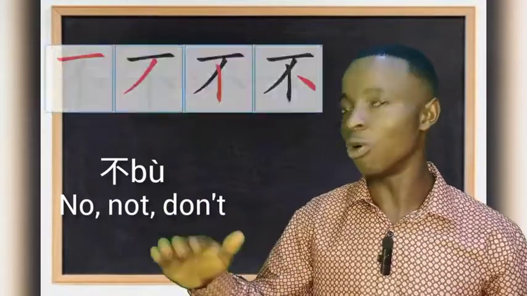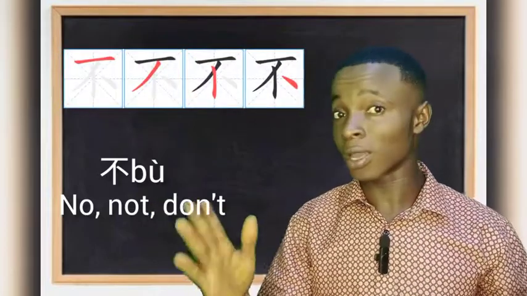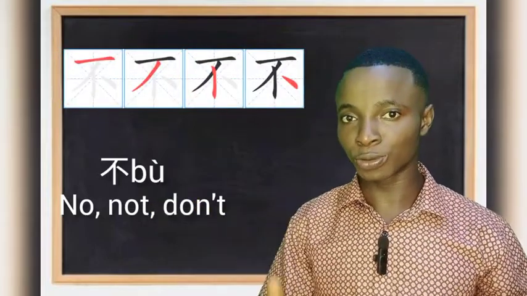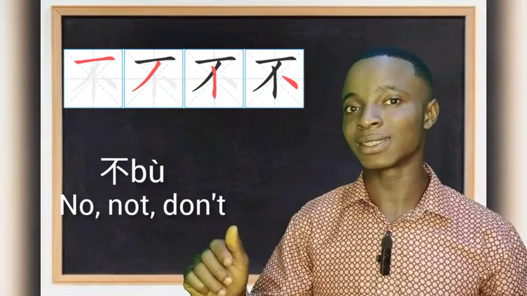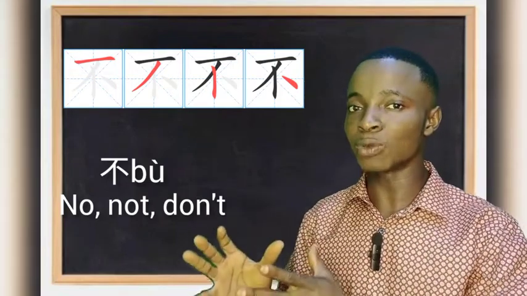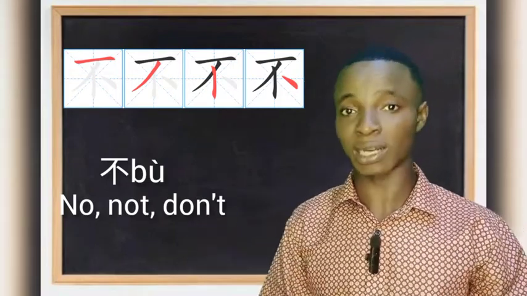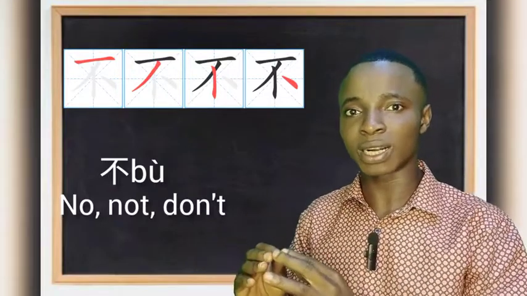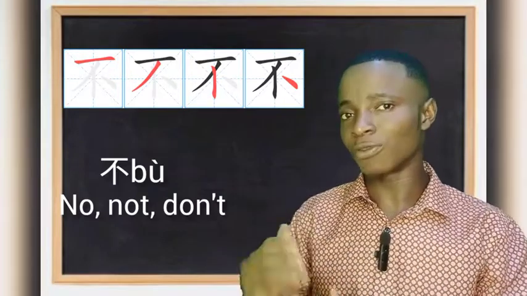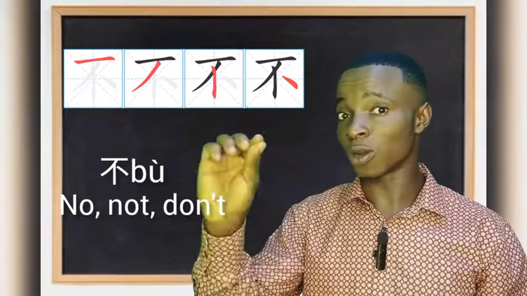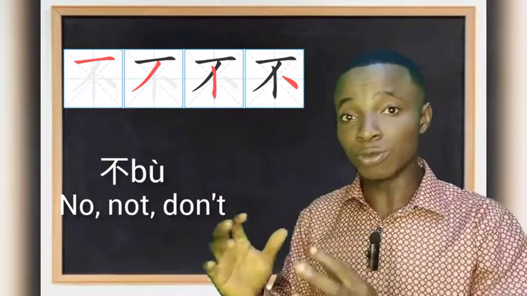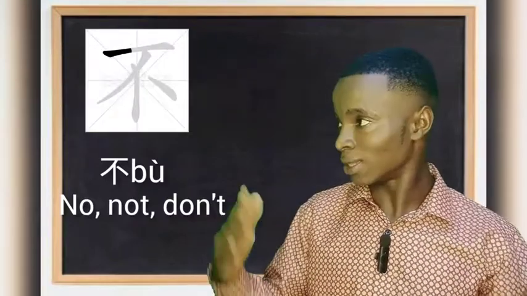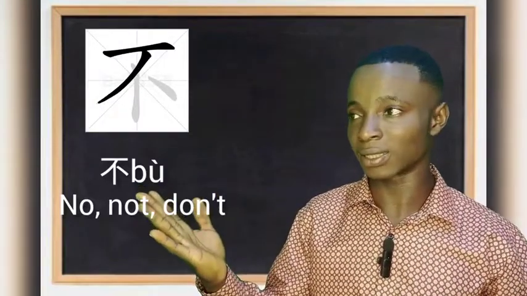We have Heng, which is the horizontal stroke, Pie, Shu, and Dian. Can you trace out where the Dian stroke is written in this character? And also, can you observe that when we write this character, we didn't start our writing from Shu. We start from top to bottom. That is the rule of writing. Let's see how to write it again.